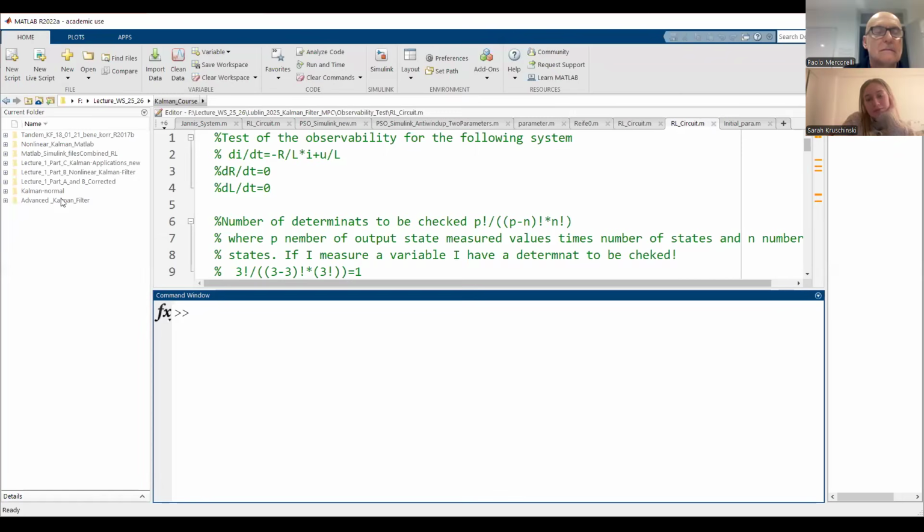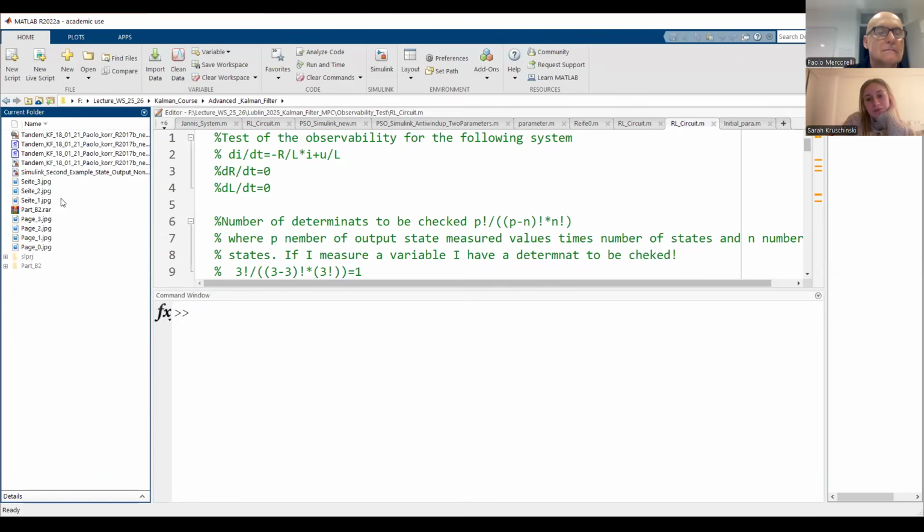Exactly now. Let me see if I find it quickly. I am there. Let me share. Close this. Okay, advanced. Probably here. Exactly. Simulink second example, state output nonlinearity. Let me see.